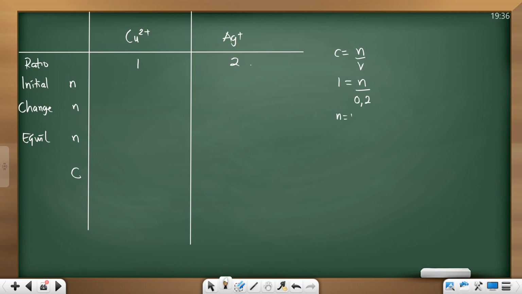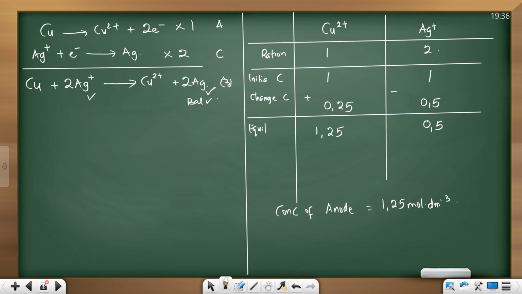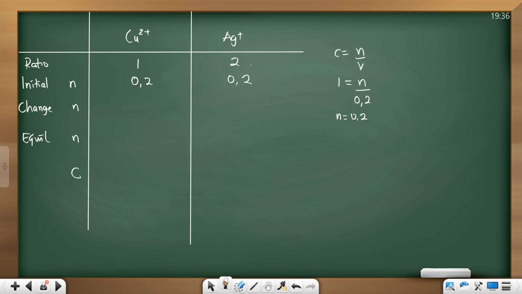So my number of moles will be what? So I am starting both of them as 0.2 moles. Then they told us which one became 0.5. Ag+. Okay. Now remember, it is the concentration that becomes 0.5 of Ag. Convert that into number of moles.